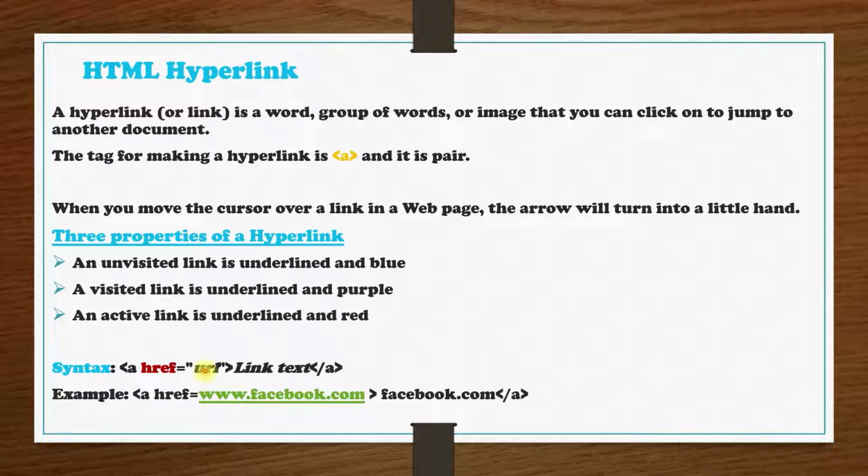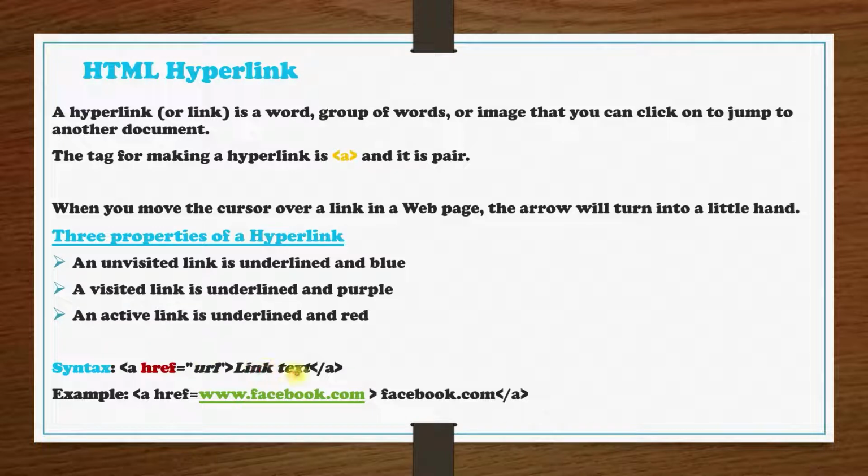This address can be the address of another web page, it can be the address of another website, it can be the address of another video or another picture. It can be the address of that object that you want to connect to your web page, okay?